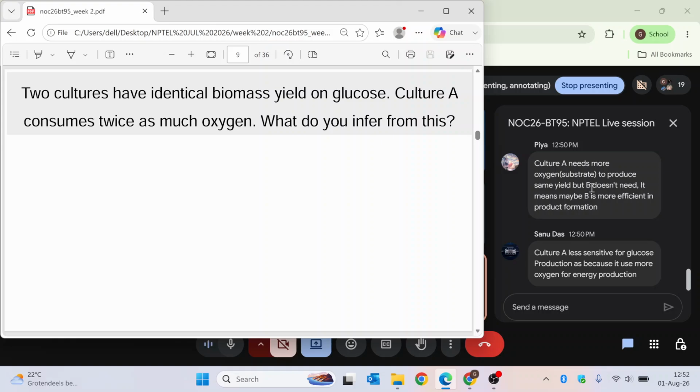They have the same yield on glucose, which means per gram of glucose consumed they produce the same amount of biomass. Cultures A and B produce the same amount of biomass per gram of glucose consumed. But in order to do that, culture A requires twice as much oxygen as B uses. So there can be multiple reasons for it. I just wanted to see what all you are able to think of.